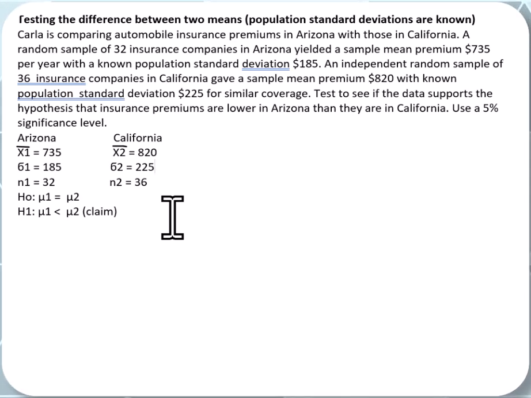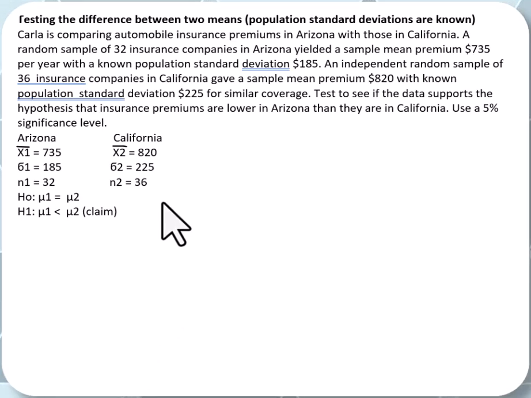Test to see if the data supports the hypothesis that insurance premiums are lower in Arizona than they are in California. If we let mu1 be the population mean cost of insurance in Arizona and mu2 the one in California, we need to test that mu1 is less than mu2, and this is the claim.